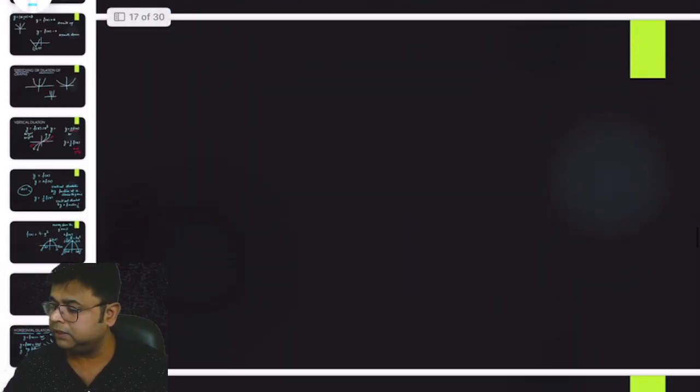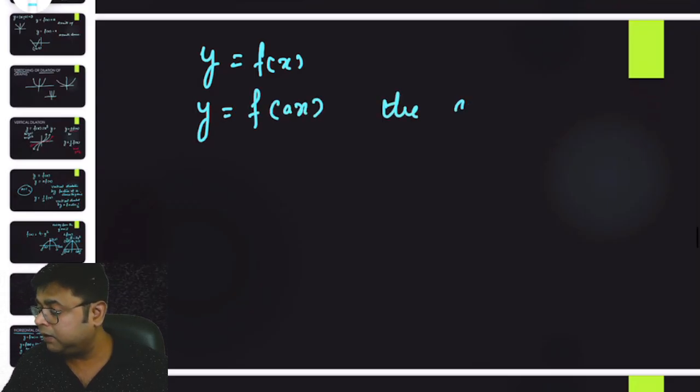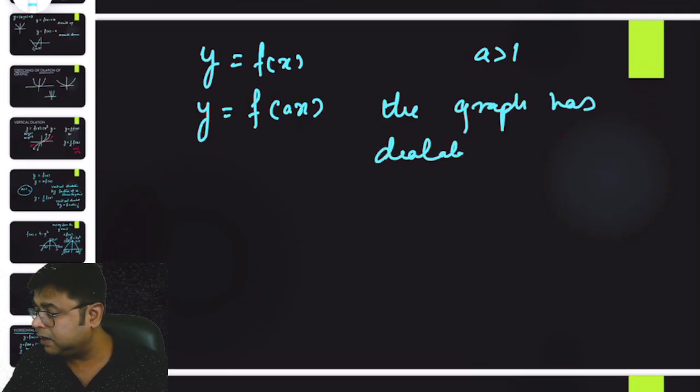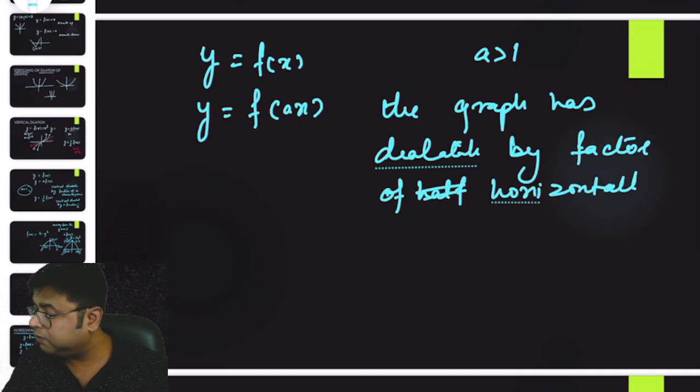So if I generalize, if we have a graph of y = f(x), then y = f(ax), with a greater than 1, means the graph has dilated by a factor of 1/a horizontally.